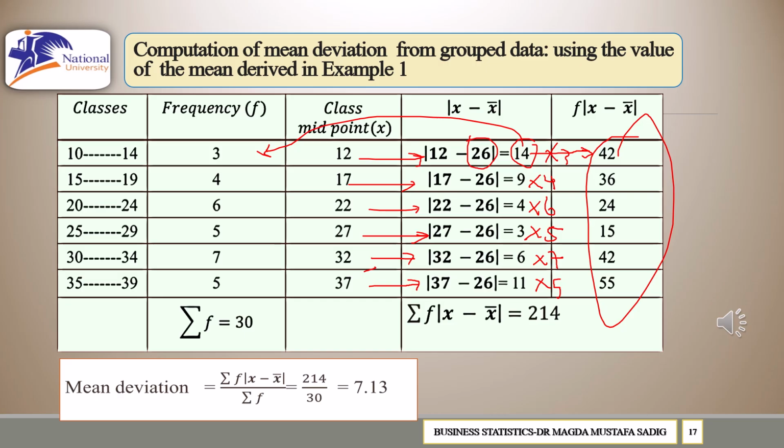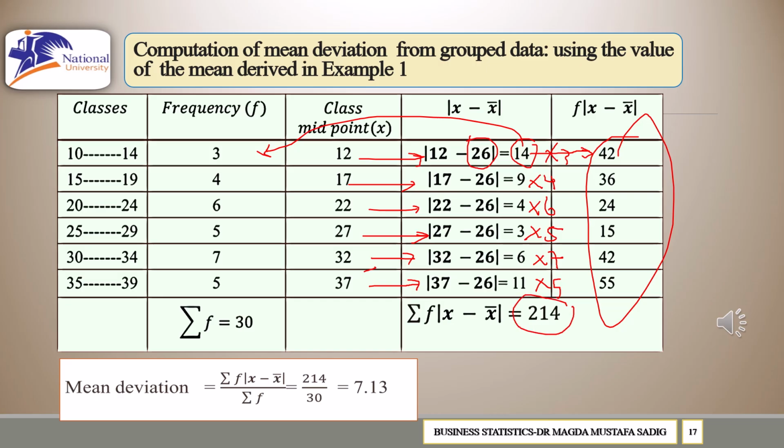Then we sum up these values. So the summation is the summation of the frequencies multiplied by the absolute deviations of the class midpoints from the mean, and the total will be 214.